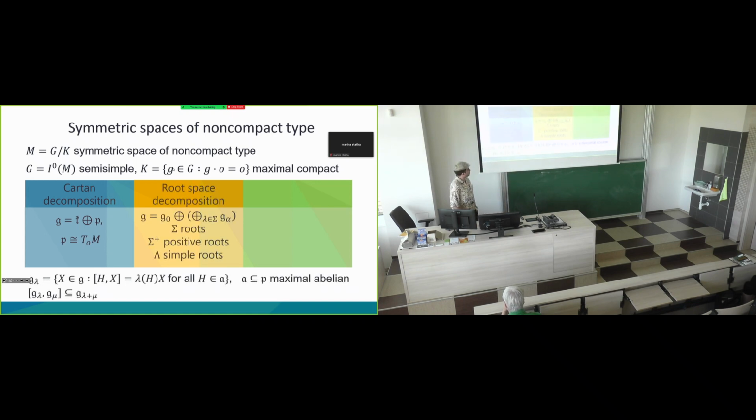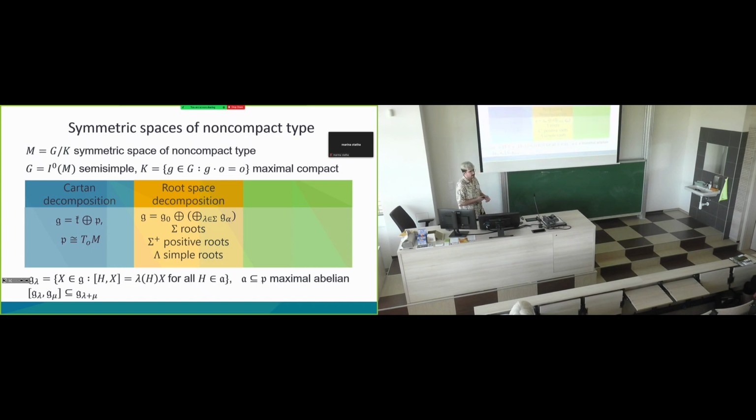We have the root space decomposition. It's the same thing as before. You take a maximal abelian subspace A of P. All of the brackets with elements of this A are self-adjoint and commute, so these operators diagonalize simultaneously, and so we get a decomposition of our semisimple Lie algebra in terms of common eigenvalues for all these brackets with A. As before, sigma will be the set of roots.